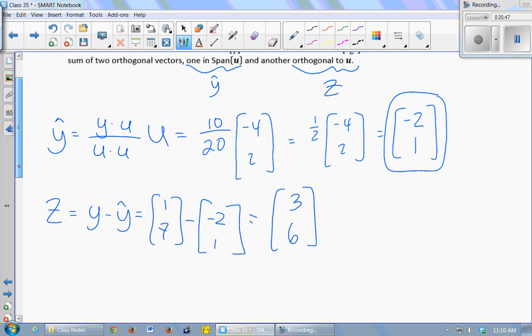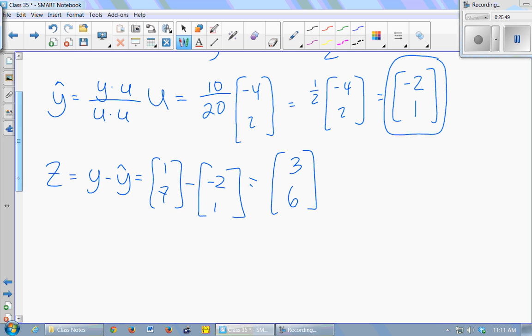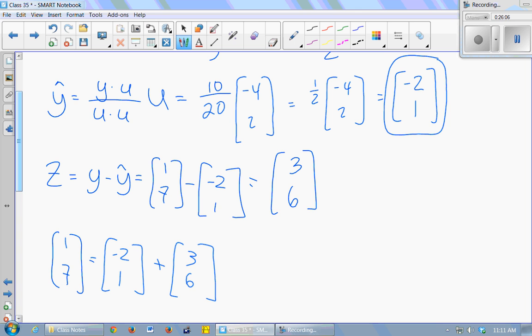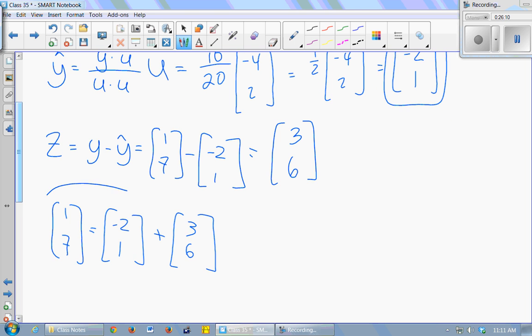So I can now write y, (1, 7), as the sum of a vector in the direction of u plus a vector orthogonal to u. That's the second part of the question.